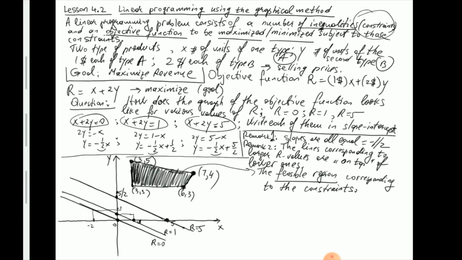So right now, these three values won't do, because you can only have a solution if it overlaps with the feasible region. So the R line must overlap with the feasible region, because all solutions must lie in that feasible region.